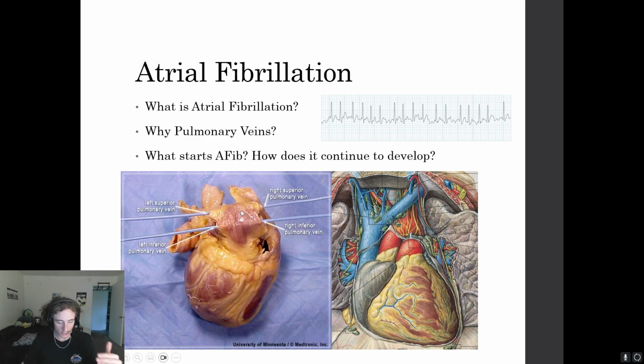If scar tissue is forming and you're getting little fibrotic islands on this back wall, then no longer is it just the pulmonary veins where the AFib can occur, but the entire back wall of the atrium is going to be the substrate. So AFib is no longer a triggered phenomenon, it's going to become a substrate-driven phenomenon.